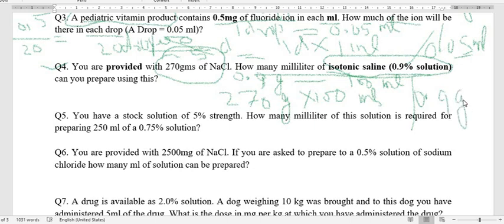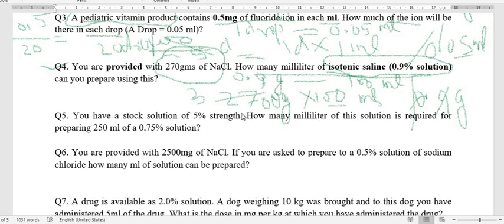For this decimal you have to put one more zero. So for removing this decimal, 9 threes are 27. So 300, and here are two more zeros.